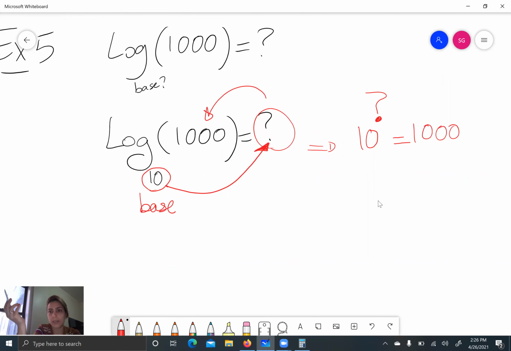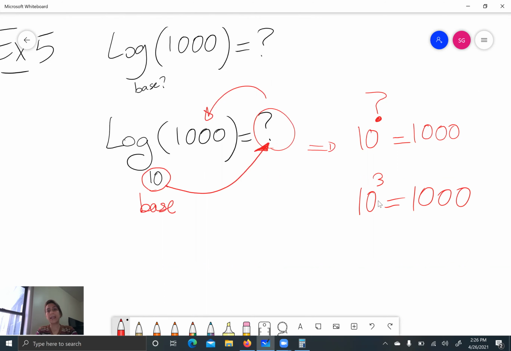Let's guess what this exponent should be. 10 to the power of 1 is 10. 10 to the power of 2, 10 squared, is 100. But 10 cubed gives me 1,000. So I think the answer is 3.